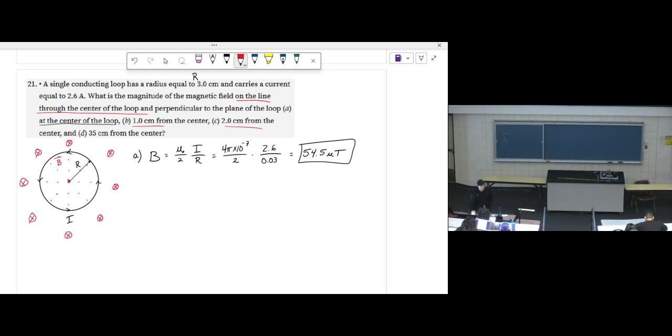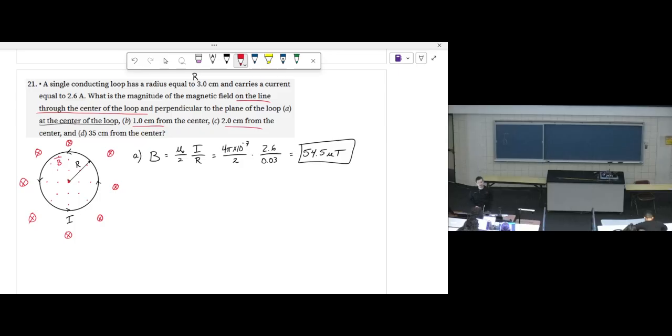So now we're going to look at 1 centimeter out from the board, 3 centimeters out from the board, and then 35 centimeters out from the board. In every case, the magnetic field is still going to be pointed out towards you guys, if you do that cross product in the right-hand rule.